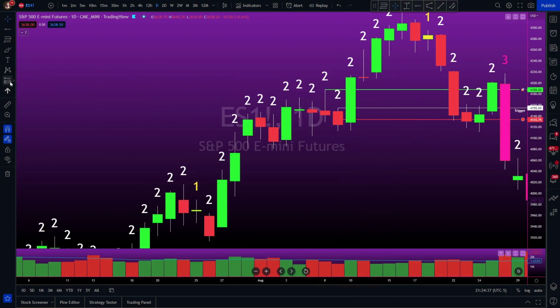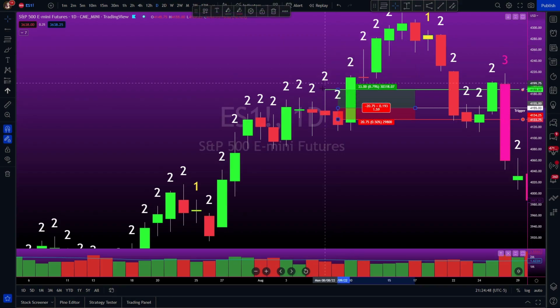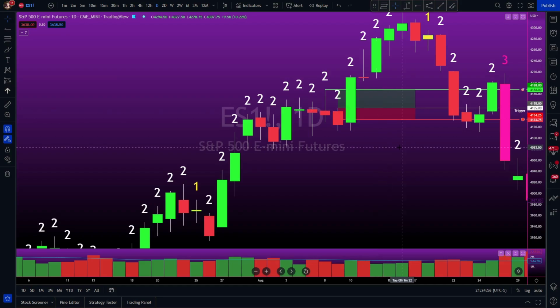So now when we get our long tool, we now have better than 1-to-1 risk reward. We have like 1.6 to 1.